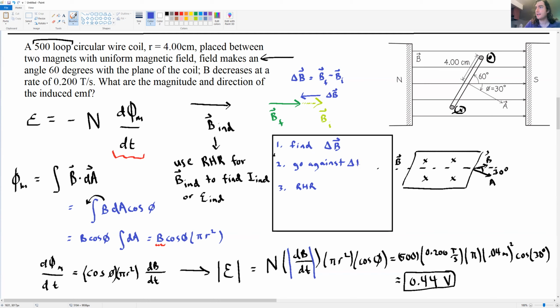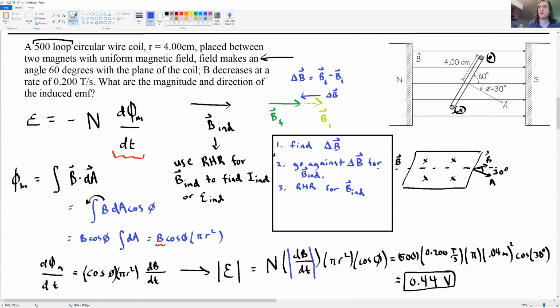Then we want to go against delta B, and that is for B induced. And then we use the right-hand rule for B induced. So you find delta B, then you go against delta B for B induced, and then you use the right-hand rule for B induced.